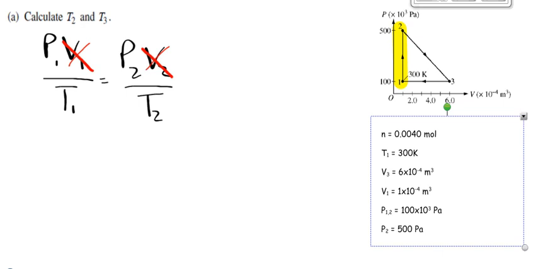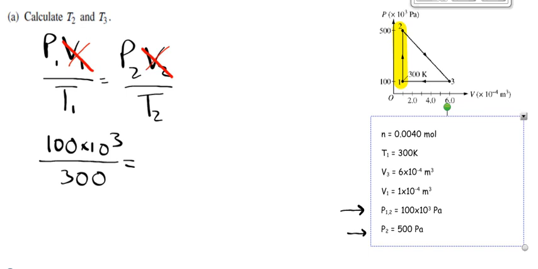I know the pressure at point 1 is given, you can see it down here as 100 times 10 to the third. The temperature measured in Kelvin is 300. The pressure at point 2 is also listed right down here.